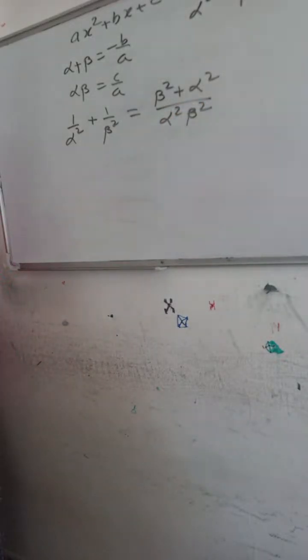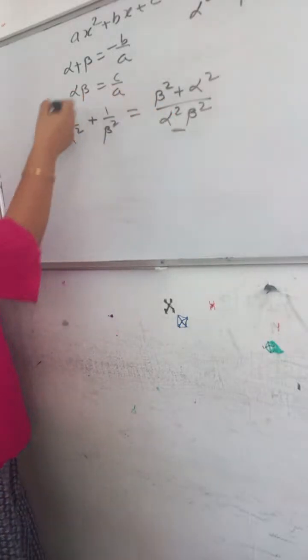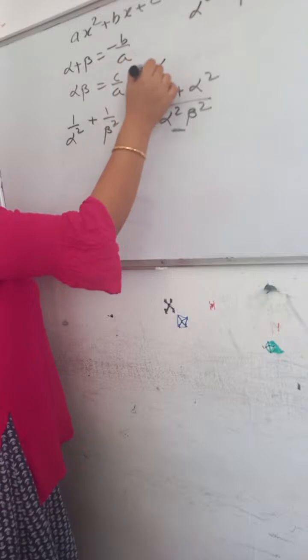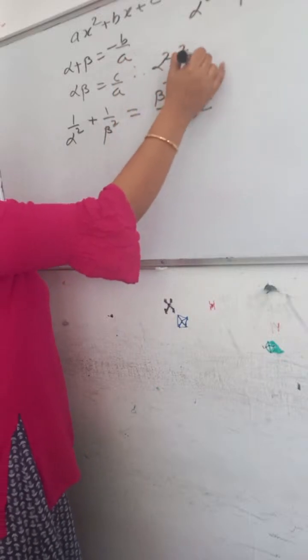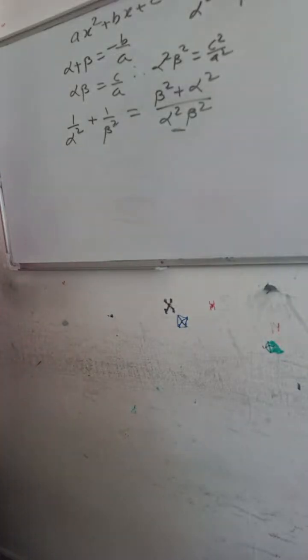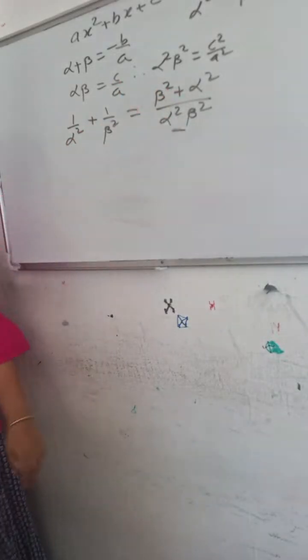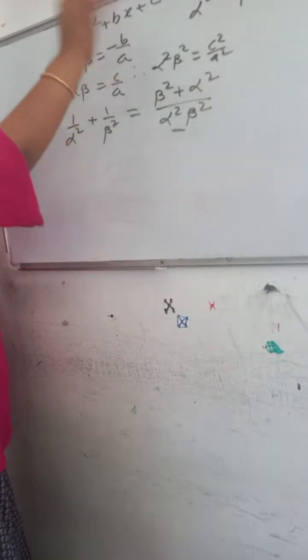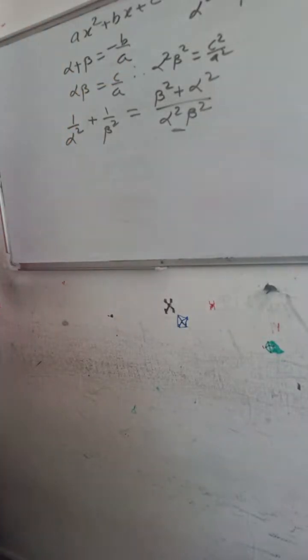This is very easy. We will get it just by making squares. Alpha square beta square is nothing but c square by a square. Then what about alpha square plus beta square? Some intelligent people make square of the sum directly, and that is not required here.